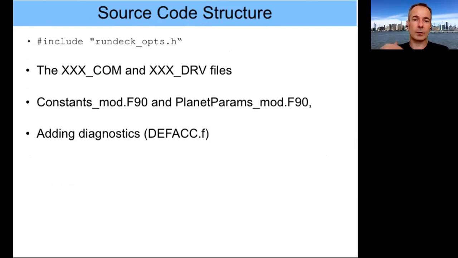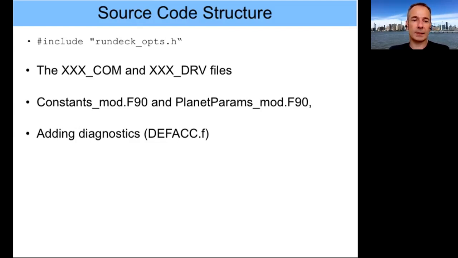Before the model compiles, it runs the C preprocessor, and based on the instructions it finds in the run deck, it parses the Fortran files, executes the preprocessing by removing the pieces that are not needed and keeping the pieces that are needed, and then compiles that file. Everything happens on the fly for you. You don't have to worry about that.